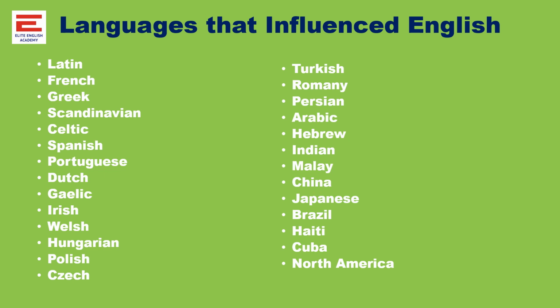Then Greek, Scandinavian, Celtic, Spanish, Portuguese, Dutch, Gaelic, Irish, Welsh, Hungarian, Polish, Czech, Turkish, Romani, Persian, Arabic, Hebrew, Indian, Malay, China, Japanese, Brazil, Haiti, Cuba, North America. How English was enriched from different languages like this, especially for Latin, French, Greek, Scandinavian, Celtic, you will have more examples like 10, 20 to 100.